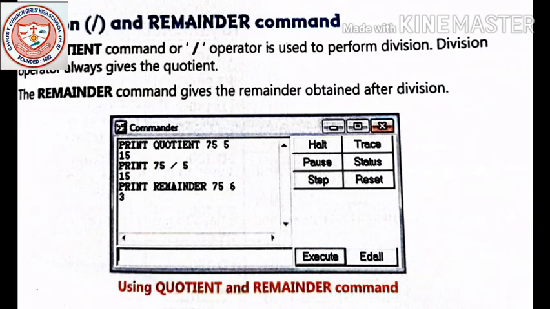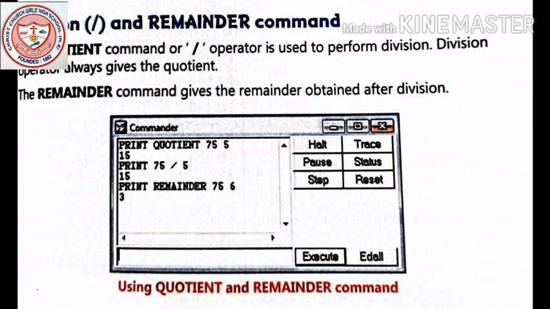Division and remainder command. The quotient command or slash operator, that is the division sign operator, is used to perform division. The division operator always gives the quotient.